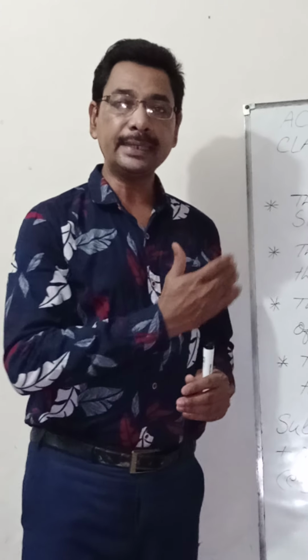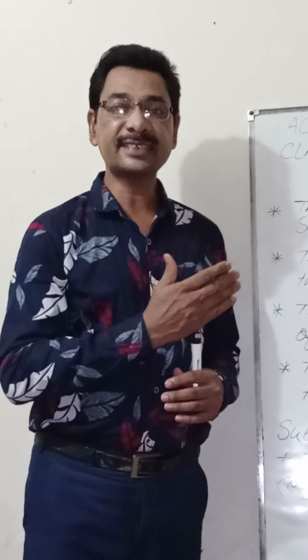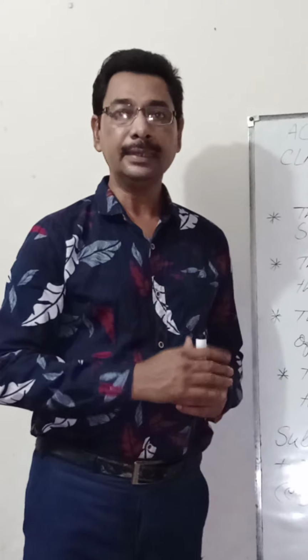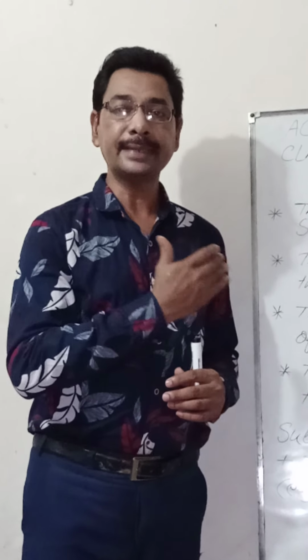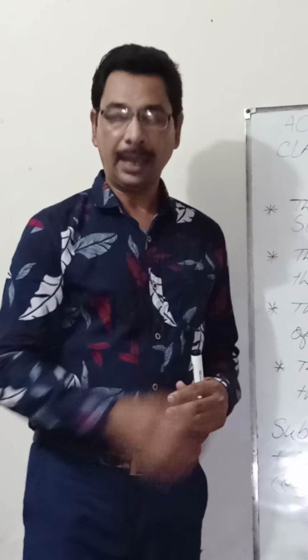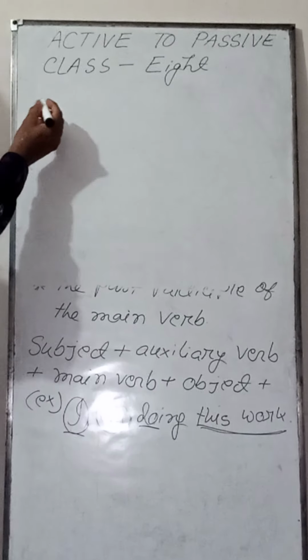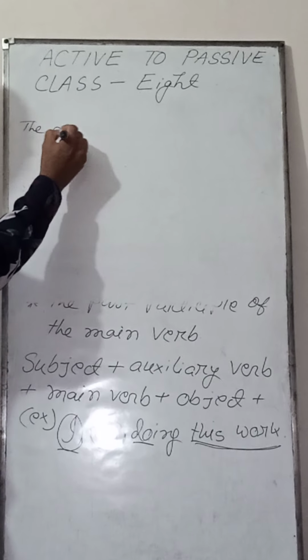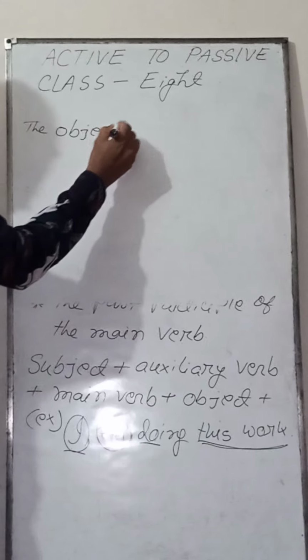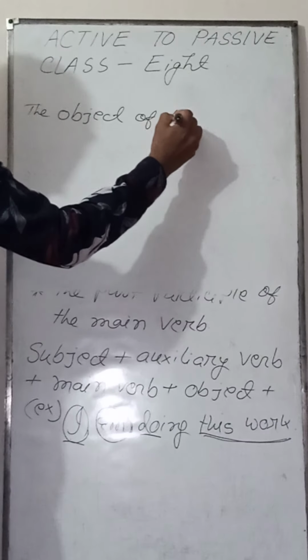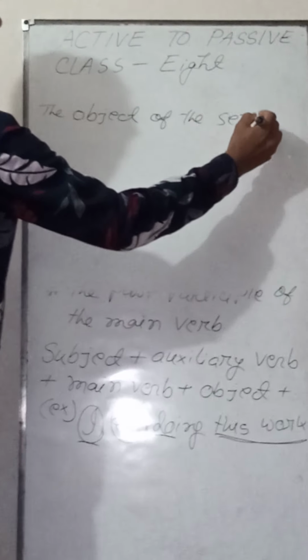Now, what is the formula? What is the structure of a sentence to change active to passive? Now I am showing you. First, the object of the sentence.